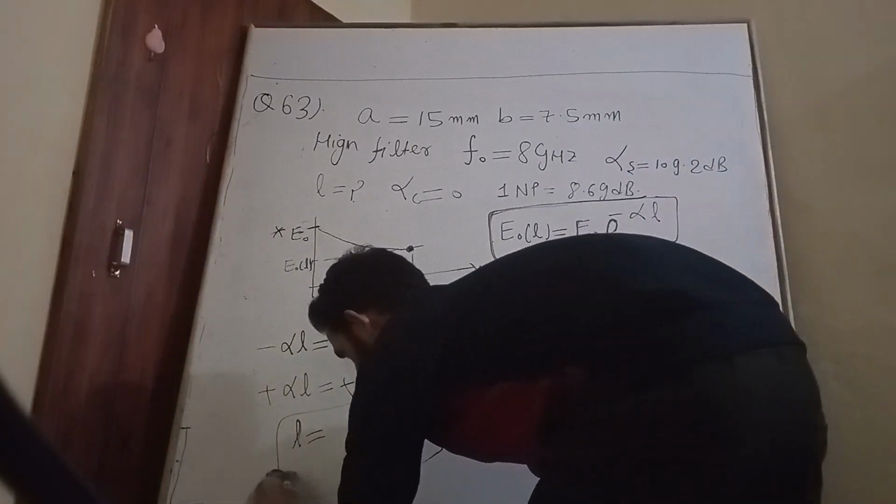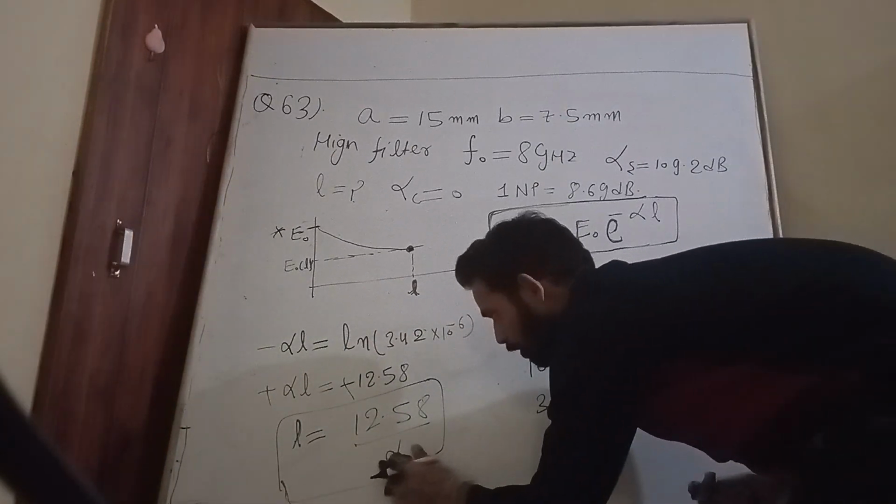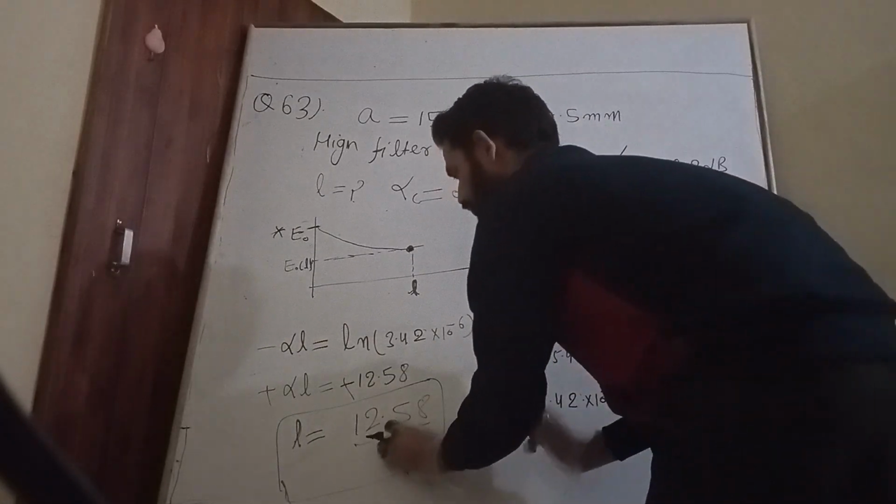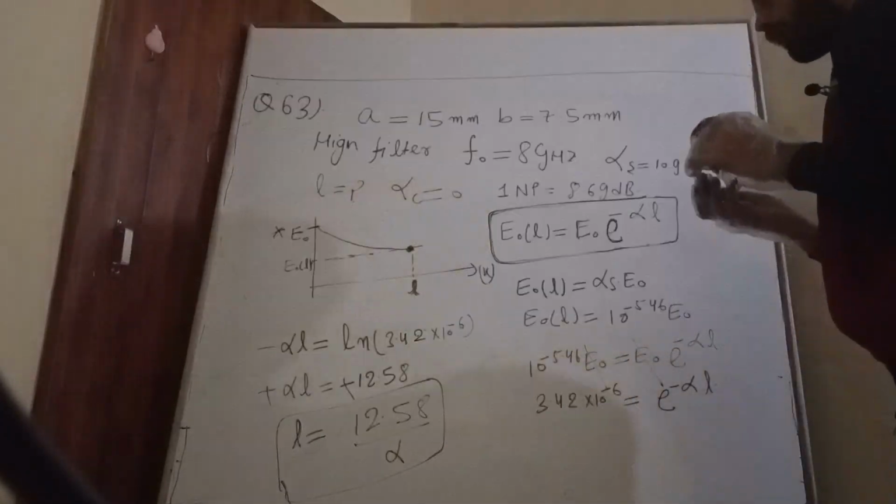Okay, final expression. Now we are targeting alpha. Everything else we have calculated, and we are left with alpha. So how do we calculate alpha?